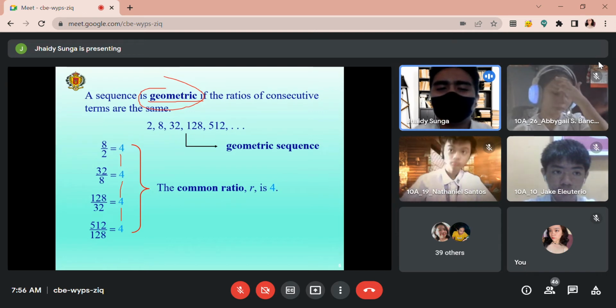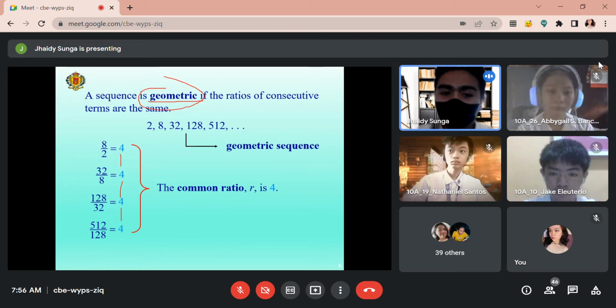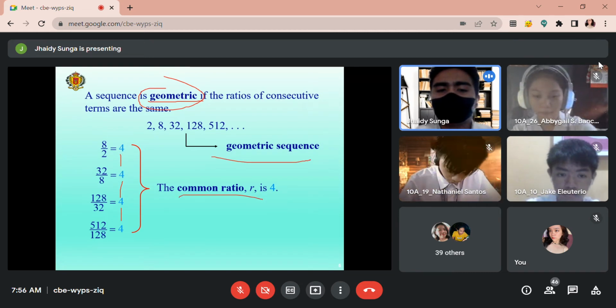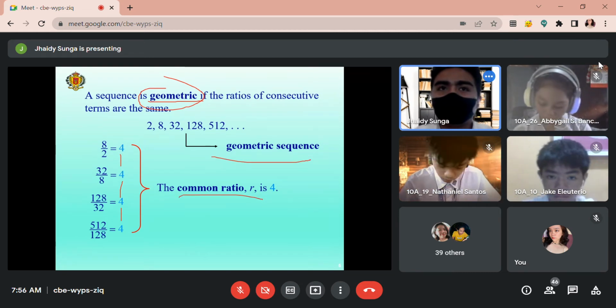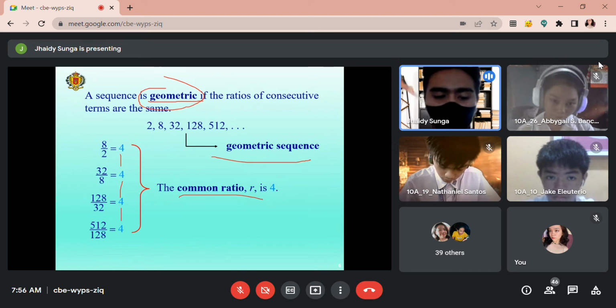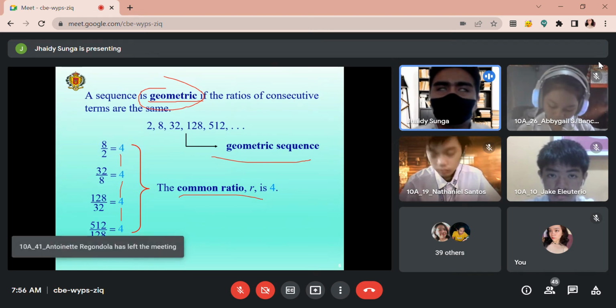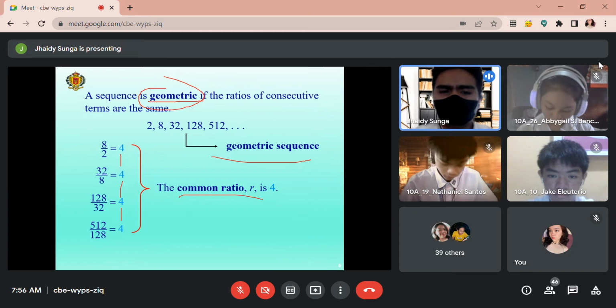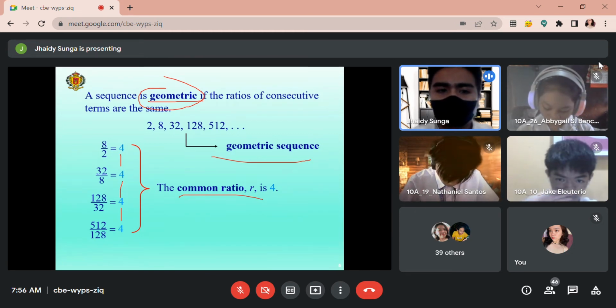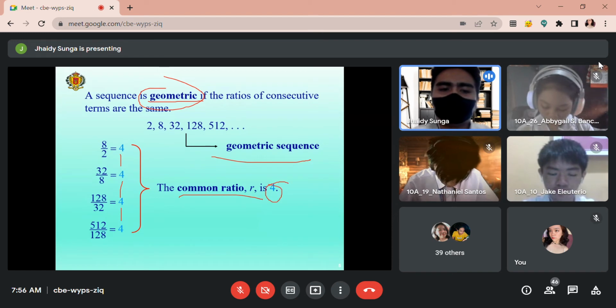So we could say that it is a geometric sequence if the ratios between the terms are common to each other.